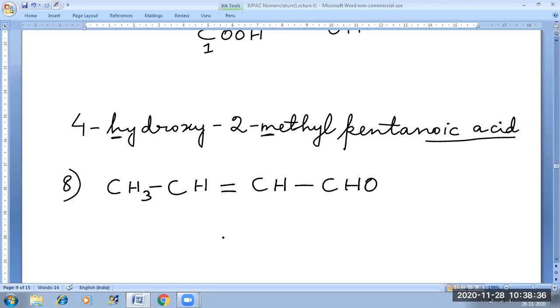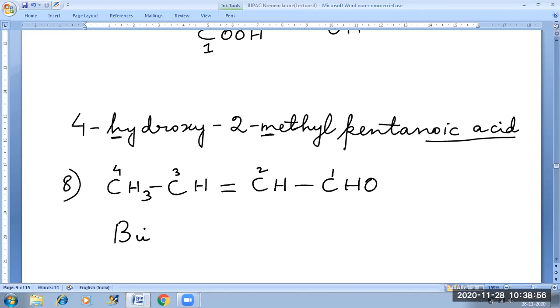So CHO is present. CHO is the principal functional group in this compound. It is only one, there is nothing else. So only one gets the priority. 1 2 3 4.